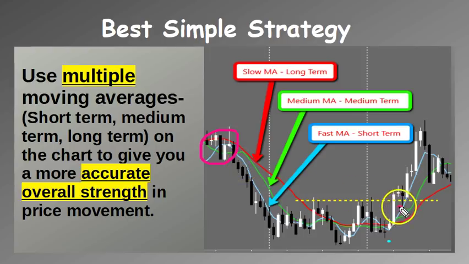And here everything crossed right here, with the fastest, the blue, above the green, the midterm above the red, which is slow. So don't take entries just based on the moving average crosses in this simple strategy, and just wait for retracements, okay? So in this case, up and then retrace and then go. In this case, down, retrace, and go, okay? So you need a couple other things.